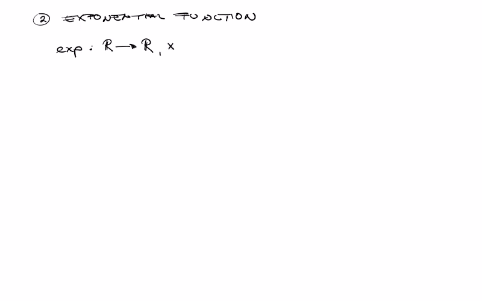Now we label the input arguments. So x is mapped onto exp(x), which you have also seen previously as e to the power of x. So e is Euler's number. So e is 2.71 and so on.